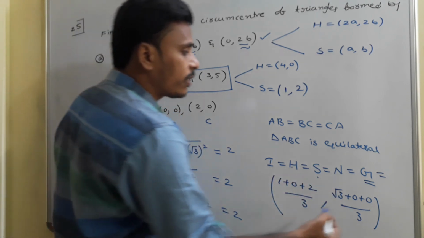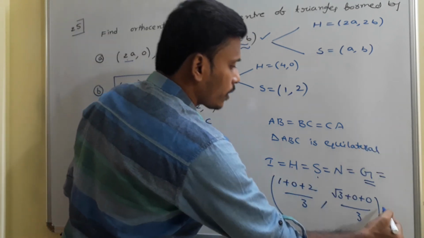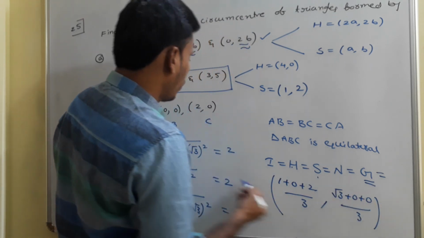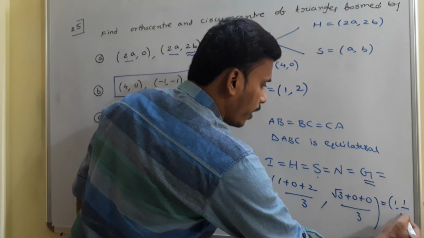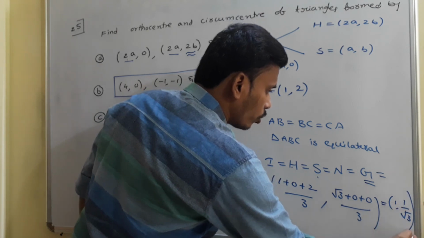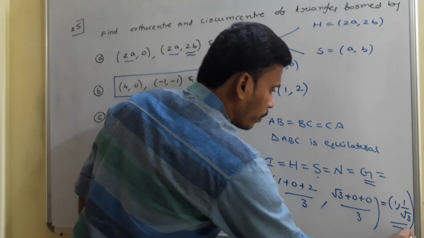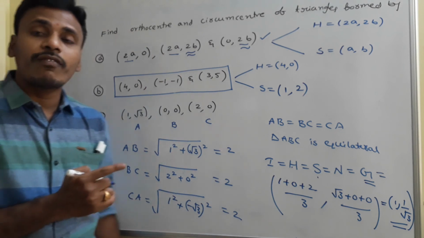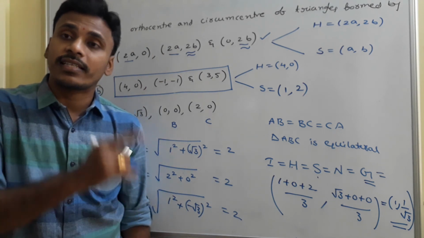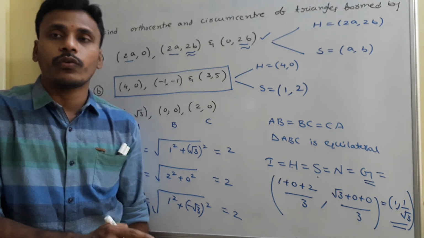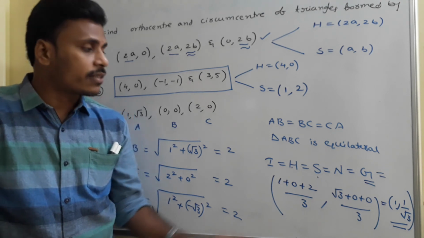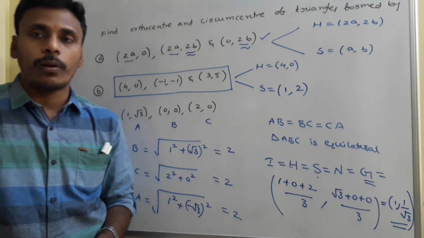So you will get that this is equal to (1, 1 by root 3). That (1, 1 by root 3) itself acts like centroid, like orthocenter, and that is the same as circumcenter. Everything is the same and it is (1, 1 by root 3).